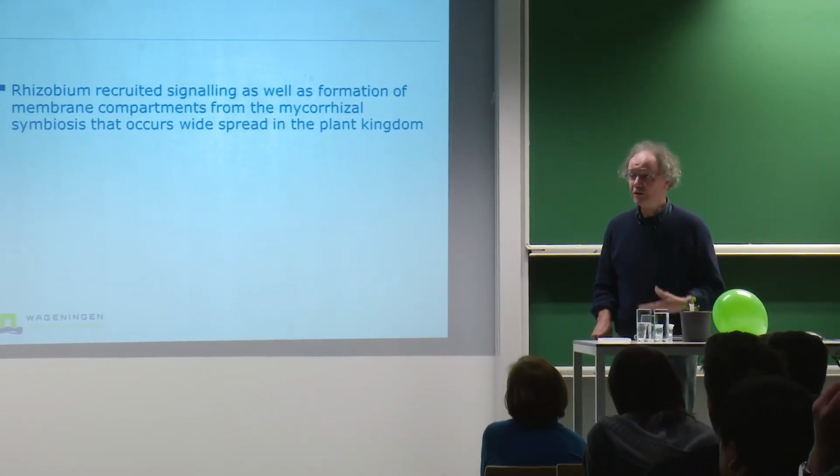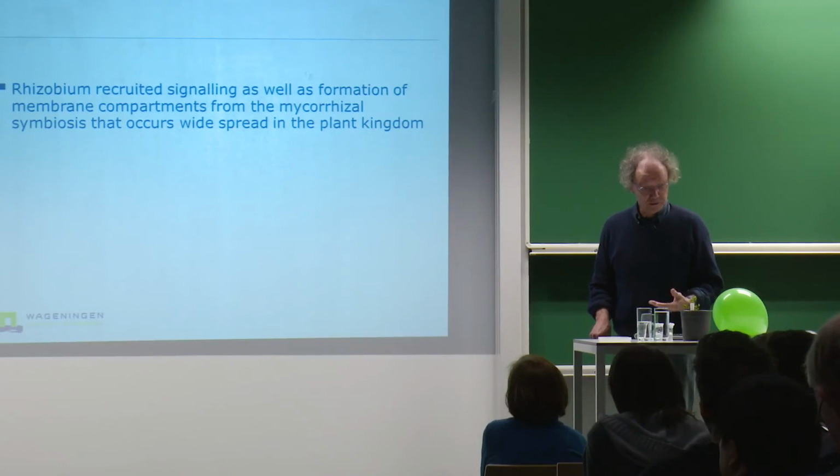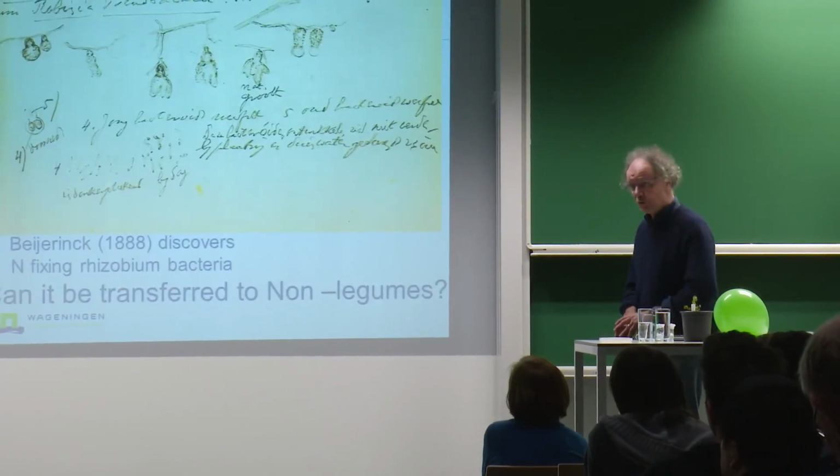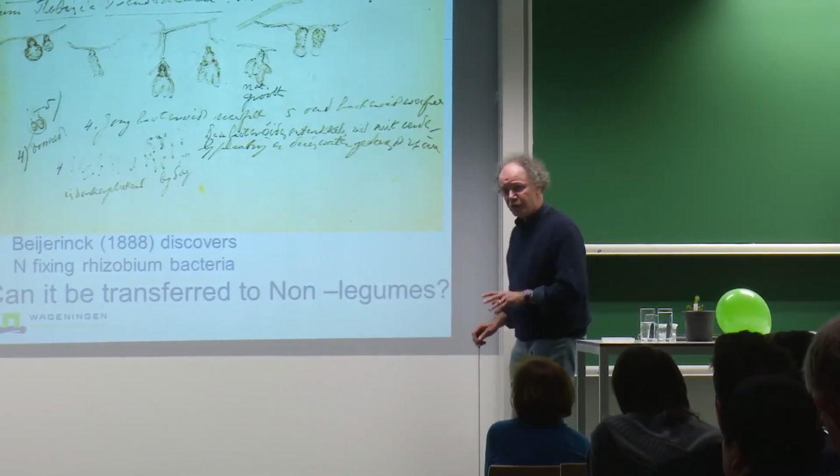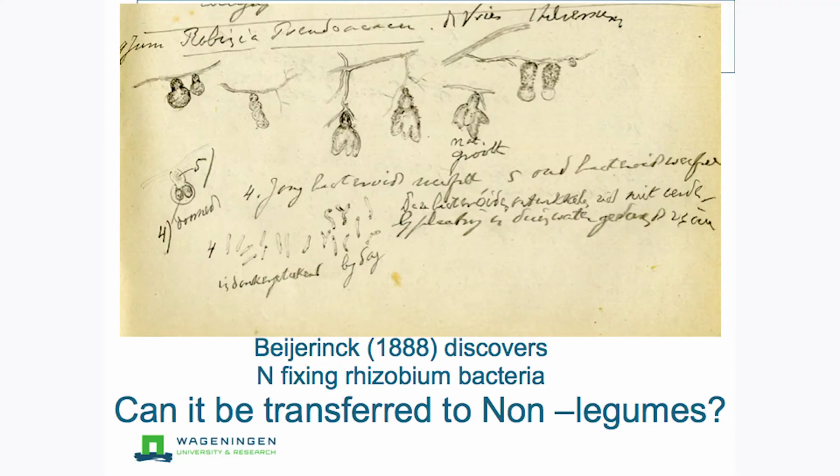So you can now wonder, how is it possible that legumes are so specific, that only legumes make nodules and interact with Rhizobia? Why doesn't that occur in other plants? Is that useful? Well, here you see a picture of a sketch which was made by Beijerinck.